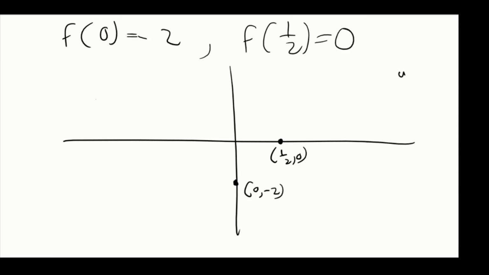We know the y value is not defined for this graph, but we know that the x value of the turning point is equal to 1. So if this is a half, then 1 can possibly be here. So the x value of the turning point is here, which is equal to 1.